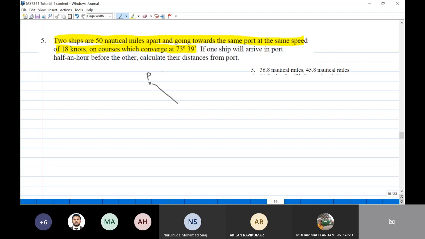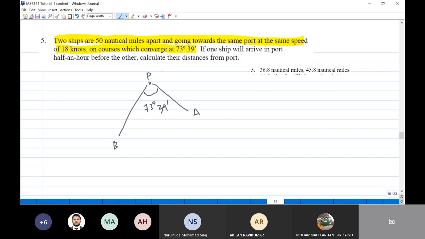Let's say one of them is ship A first, and another ship B. The angle of converging is quite big, 73 degrees 39 minutes.